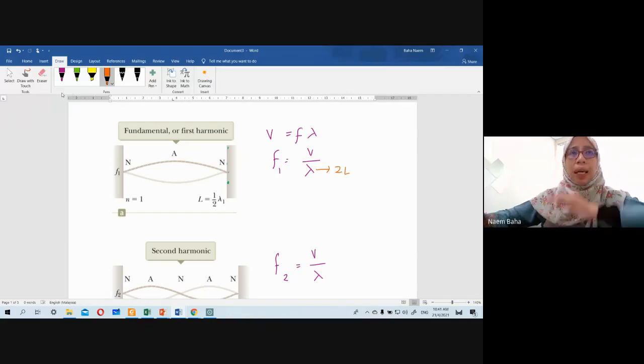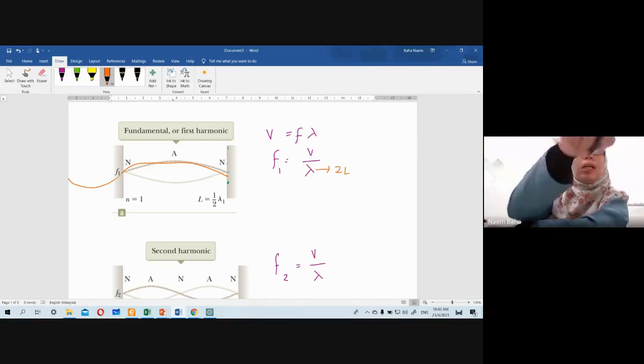Right, let's have a look. From yesterday, what I did is that I rearranged all the expressions as F equivalent to V over lambda, and I identified the lambda. So according to this figure, the lambda must be twice the length of the string. Twice the length of the string.